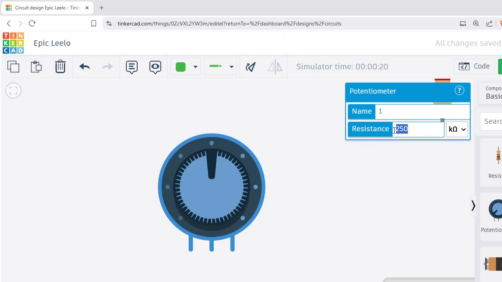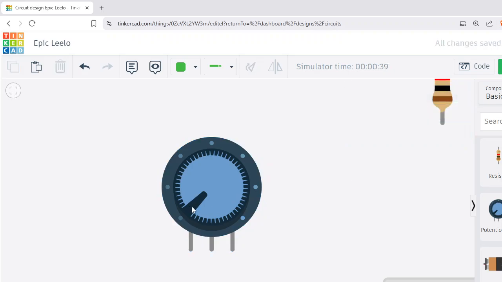If the total resistance of the potentiometer was 250 ohms, what is the resistance between terminal 1 and the wiper? 125 ohms. Okay, 125 ohms. Let's make this 1000 ohms. If I bring it somewhere in the middle, it is 500 ohms here.